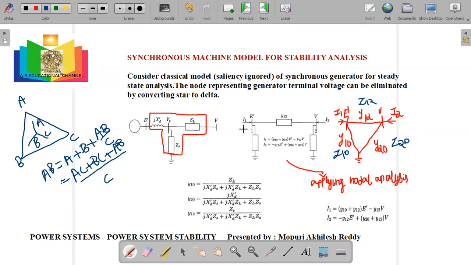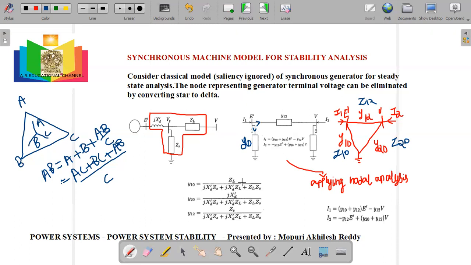If I apply nodal analysis, I1 is equal to Y10 plus Y12 into E dash minus Y12 into V. Why? Because I1 is equal to the sum of this current plus the sum of this current.